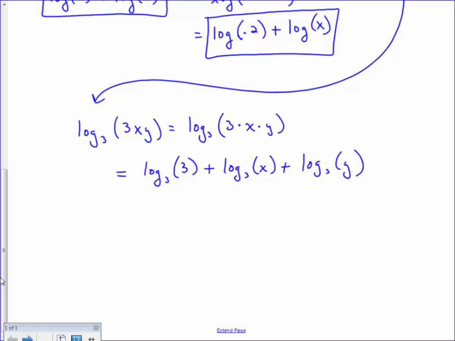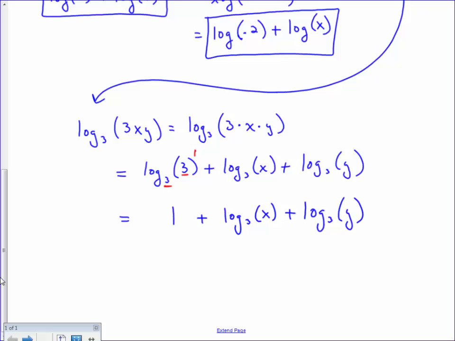Earlier, we had a rule that said if your base matches the base of your argument, then the answer is your understood exponent, which in this case would be 1. And so this log base 3 of 3 would reduce to a 1. Neither of the other 2 logs are reducible, and so we will leave them like they are.